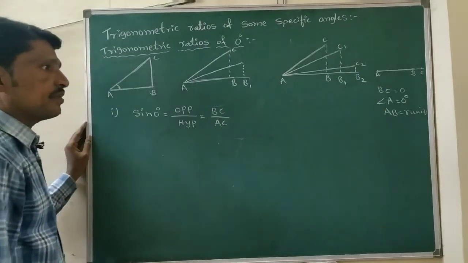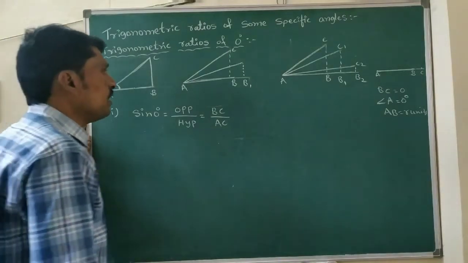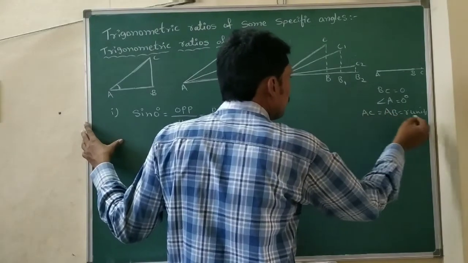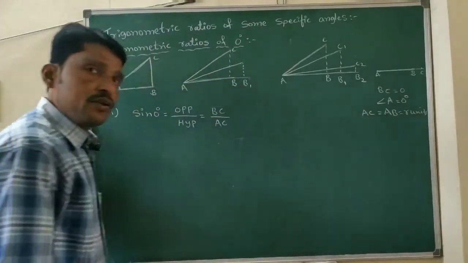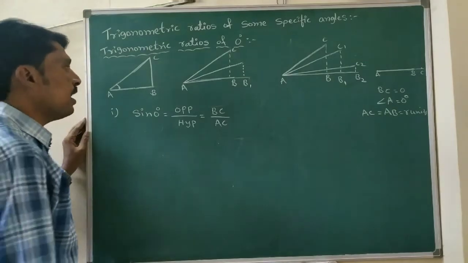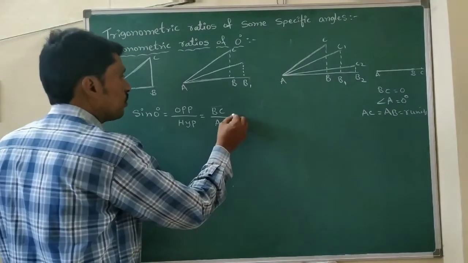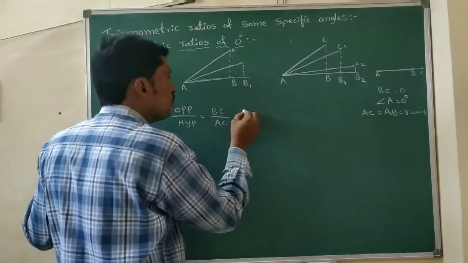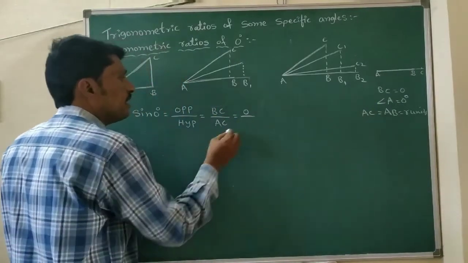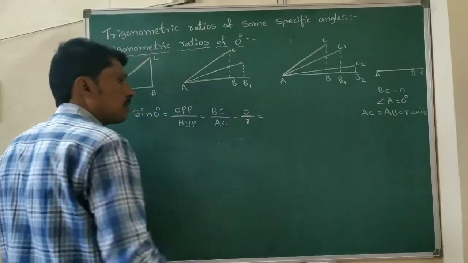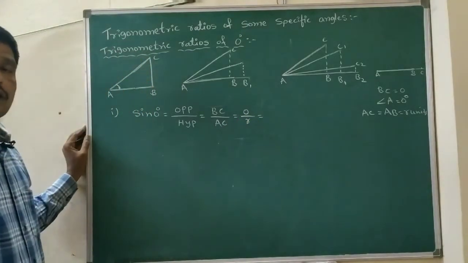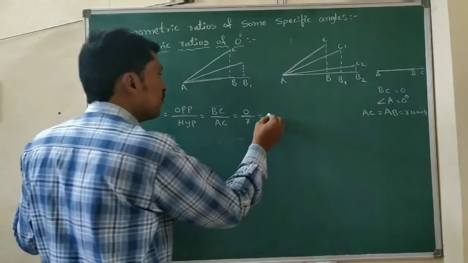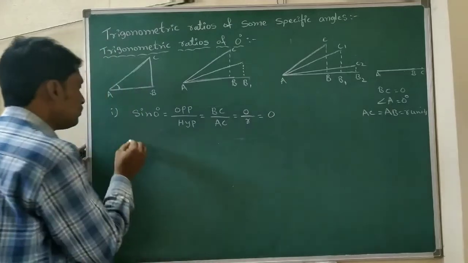AC and AB both we can take as R units, so it is an isosceles triangle. So sine 0 equals BC by AC, BC value is 0, AC value is R. So 0 by R, and 0 by something is always 0.